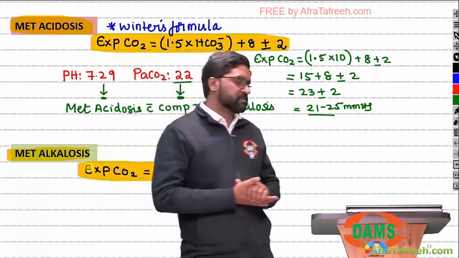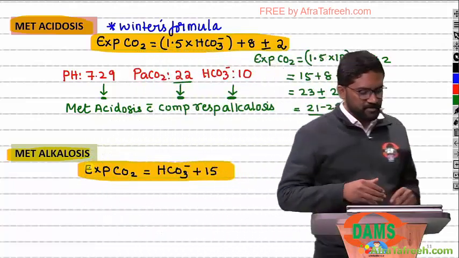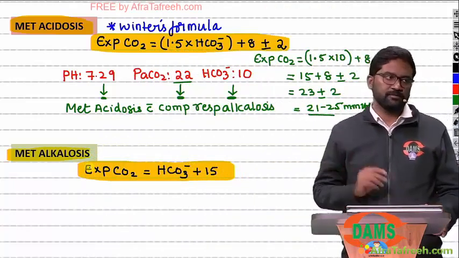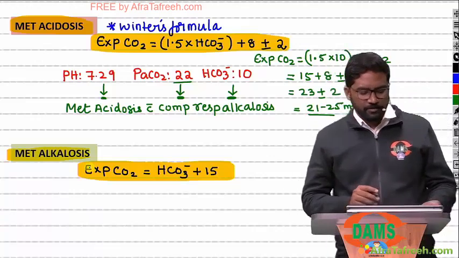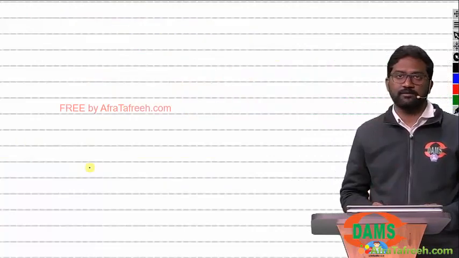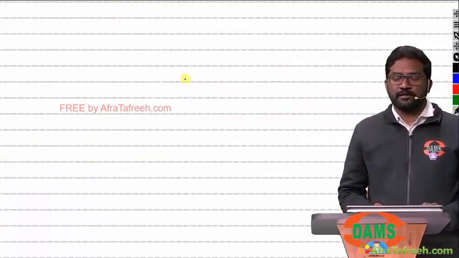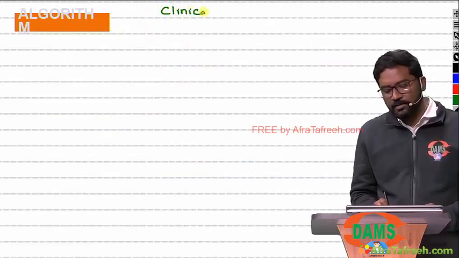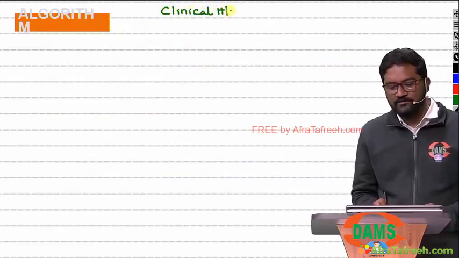That's why before going through ABG parameters, the first thing is always going through the clinical history. Without proper clinical history, the parameters are not that relevant. So the first thing in the ABG algorithm, go through the clinical history.